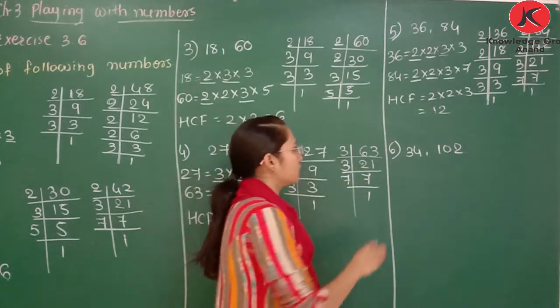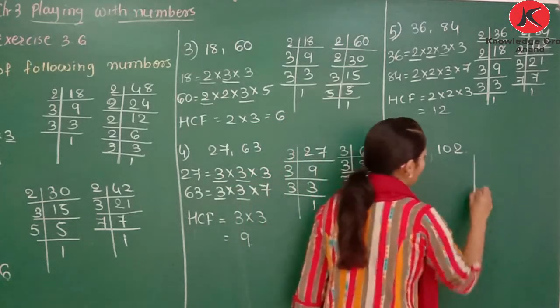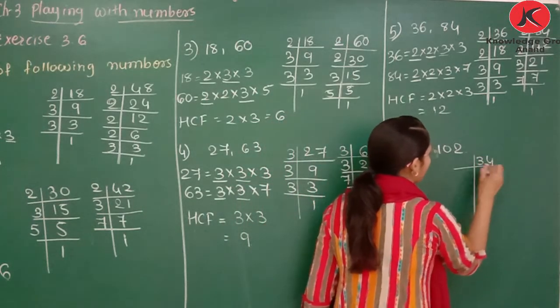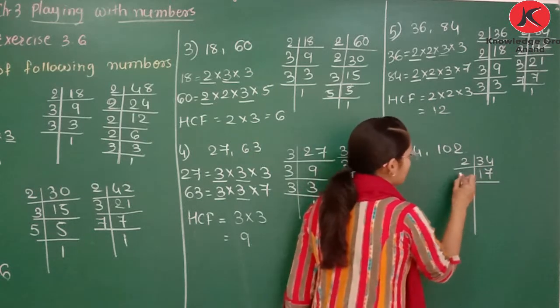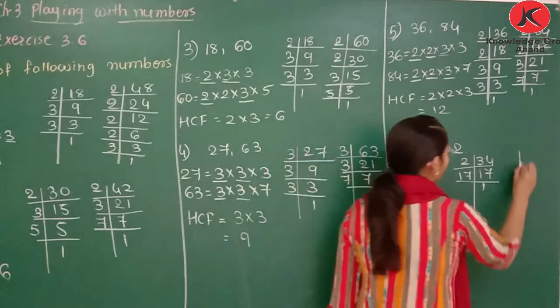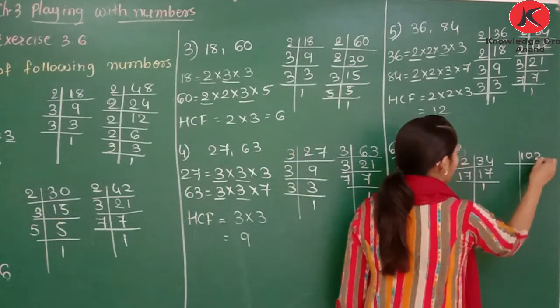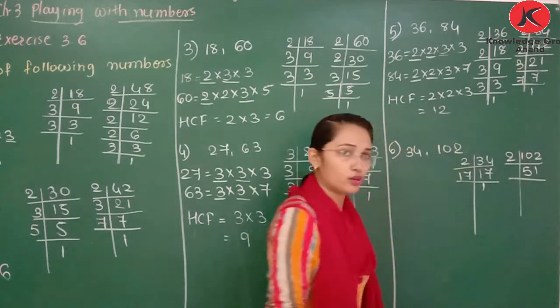Now next one, 34 and 102. So you need to find factor of 34. 17 2s are 34. 17 is a prime number, so 17 1s are 17. 102: 51 2s are 102.